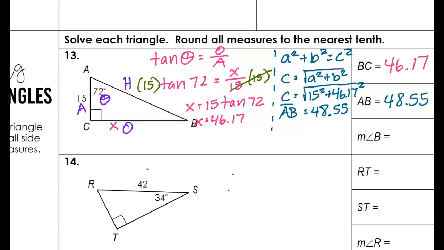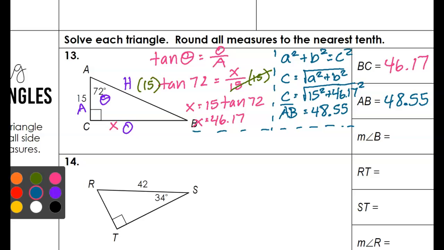And then lastly, angle B. You could use trig and find a missing angle, but there's an easier way. Instead, you know that a triangle always adds up to 180 degrees. So here I have angle A is 72, angle C is 90.